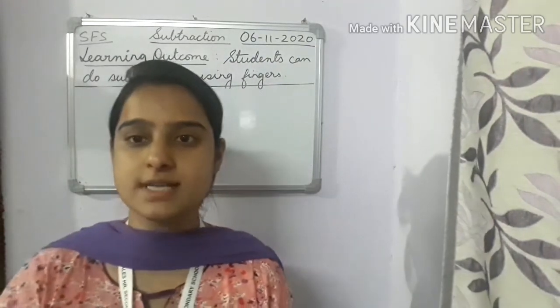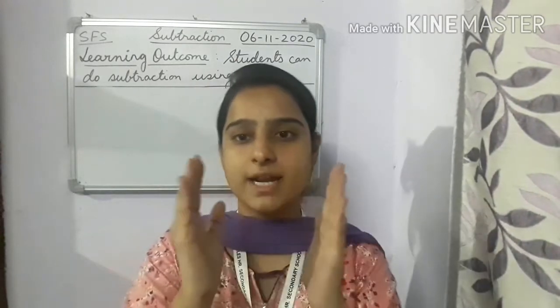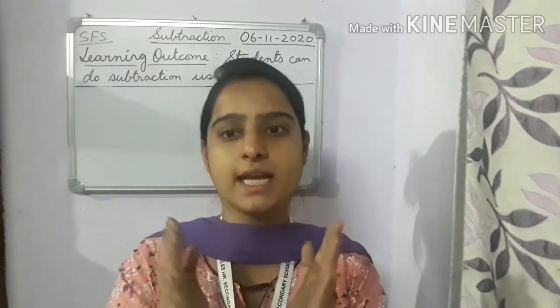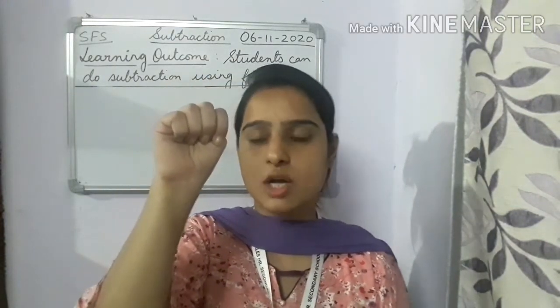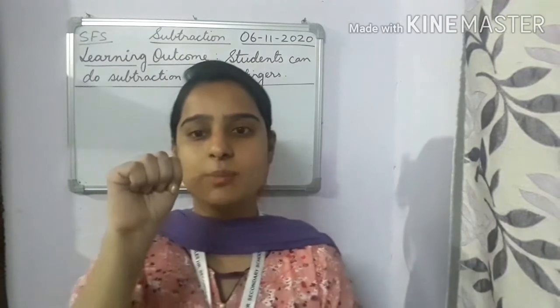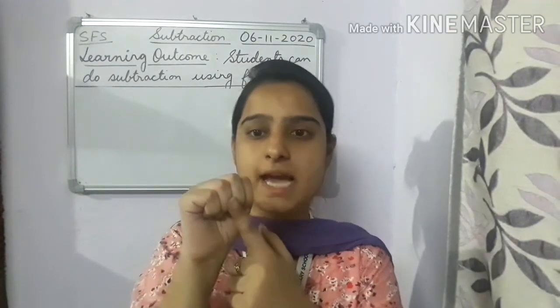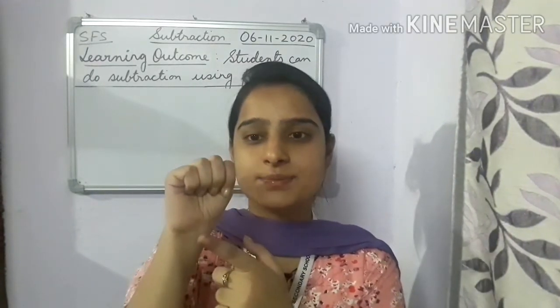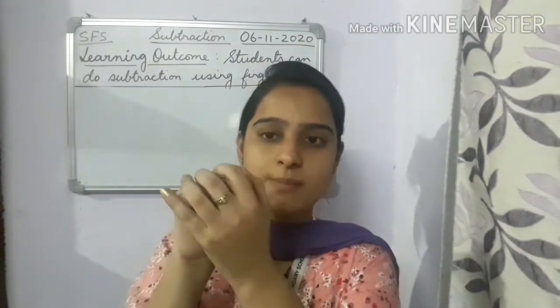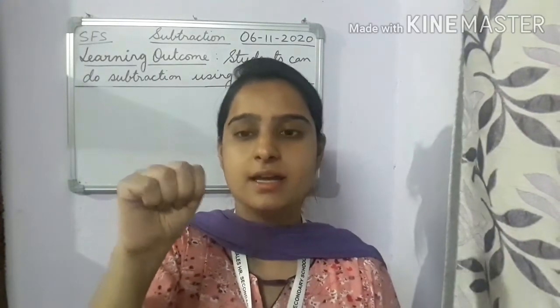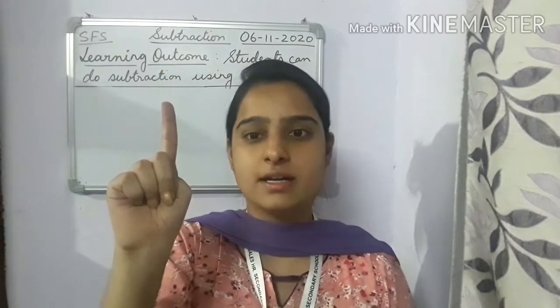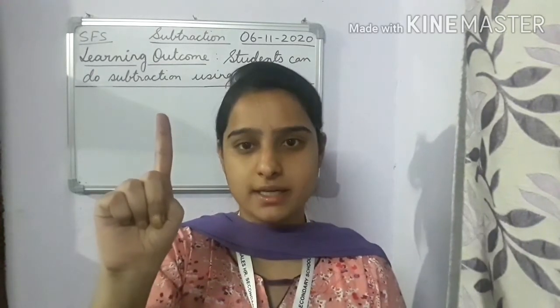So children, before starting with subtraction using fingers, I would like to give an idea of all the fingers, what number it can be. So if I close my fist, okay, if I close all my fingers, children, then what number it can be? Yes, it is 0. If I close all my fingers, children, it means this is 0. Okay, if I open one finger, it means it is 1.